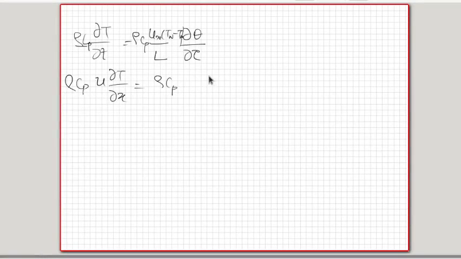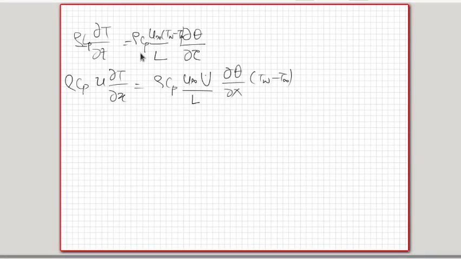This u will become capital U multiplied by u infinity, and this del t by del x will become del theta by del capital X, and this capital X is nothing but x divided by L. So there will be an L here, and this will have T wall minus T infinity.